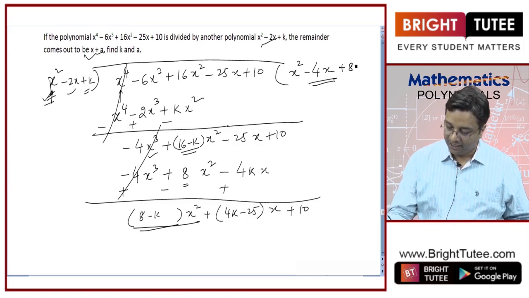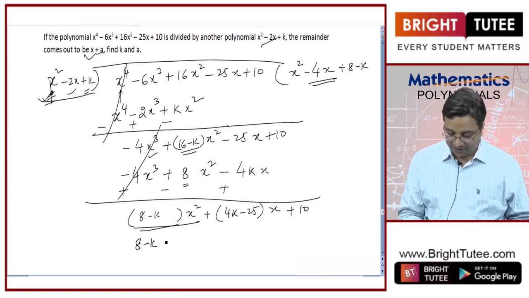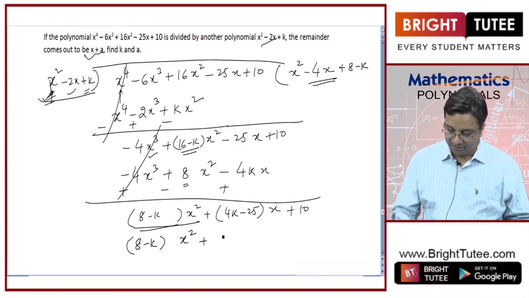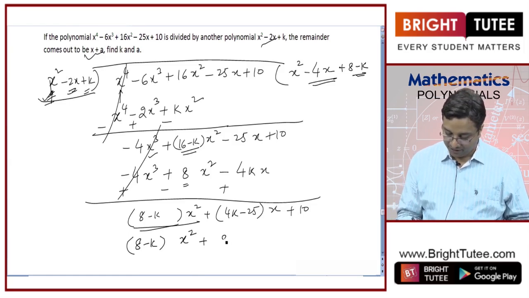So if I multiply it by 8 minus k here, it will give me 8 minus k x square, right, plus 8 minus k into minus 2x. So it will give me 8 minus k into minus 2x. I can bring this minus sign here, right, and 2 here.